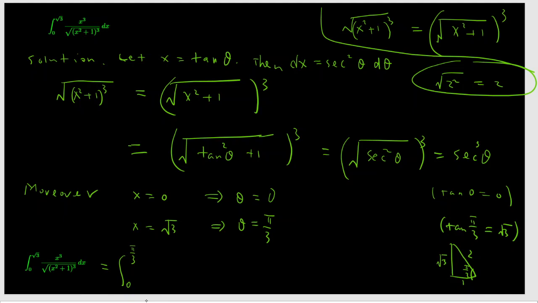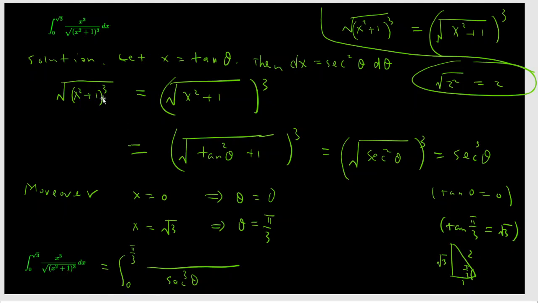At this point, I think we are ready to convert everything to a new integral of theta. The denominator now becomes secant of theta, the whole thing cubed. Now look at the denominator here.